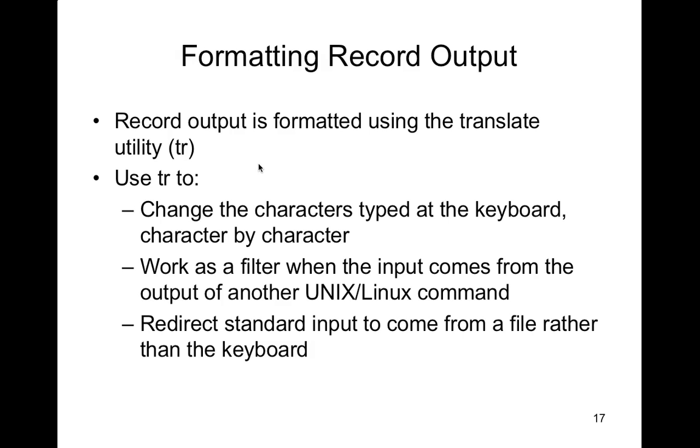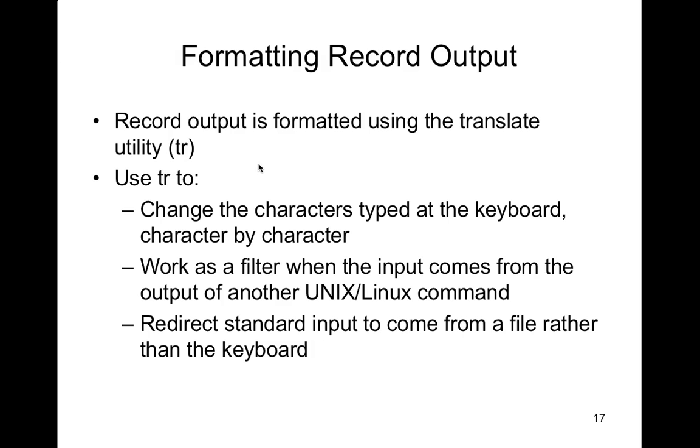In terms of formatting, record output is formatted using the translate utility, or the tr. And you're going to see this in one of your assignments, which is why I'm going over it. One of the assignments has you run tr until you're blue in the face, and then you go, oh, that's what the tr is all about. It stands for translate. So use tr to change the characters typed at the keyboard, character by character.